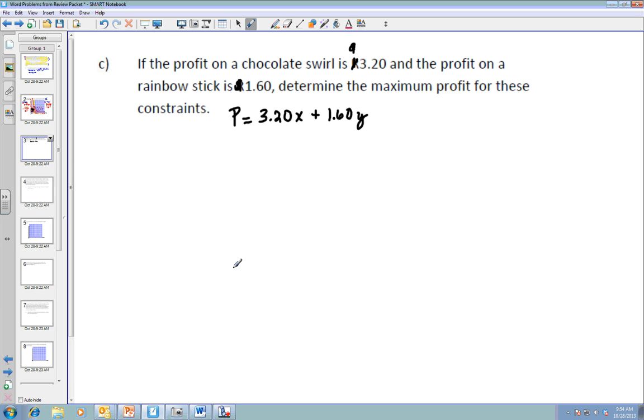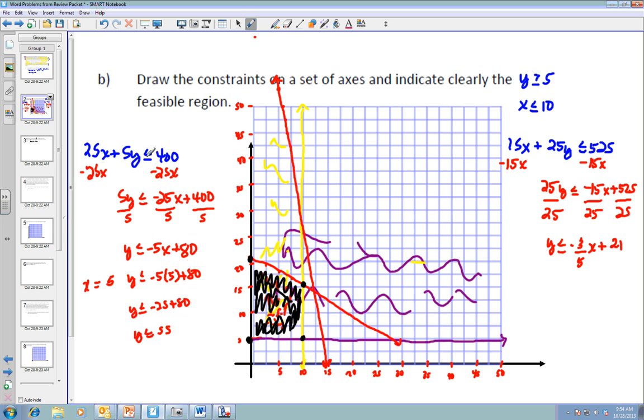Now what we want to do is go back to our graph, take these vertices, plug them in, and see which one is going to give us the most profit. This one was 0, and do you remember what it was? 21.